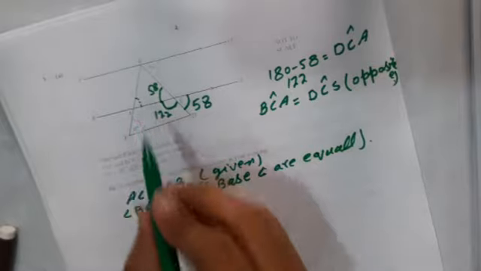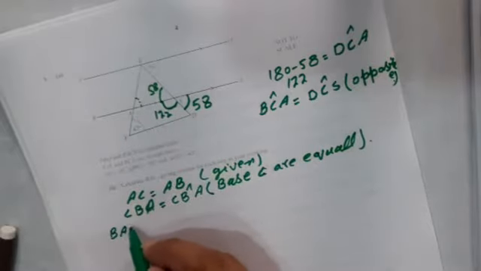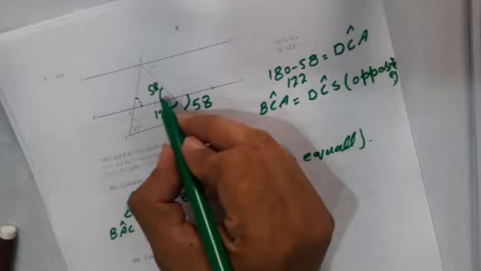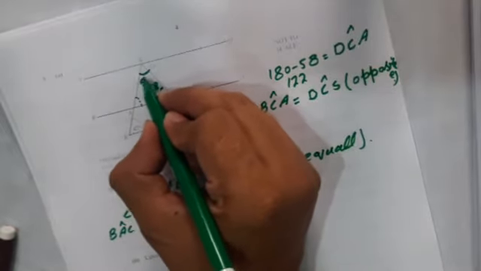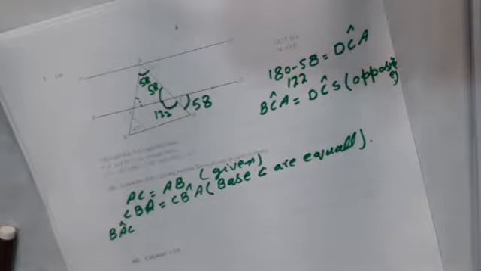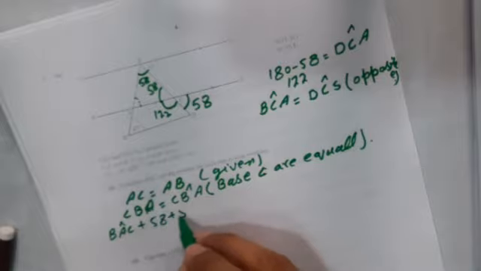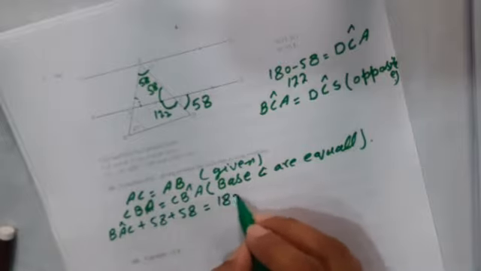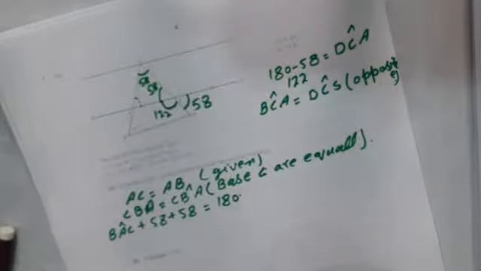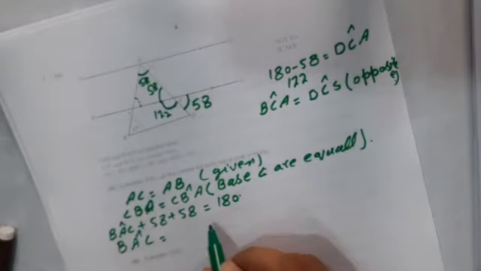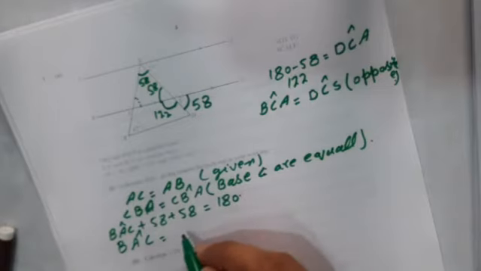So BAC, this is 58, this is also 58 because these two sides are equal. So BAC plus 58 plus 58 is equal to 180 because the sum of interior angles of a triangle is 180. We add them and subtract, then this will become 64.